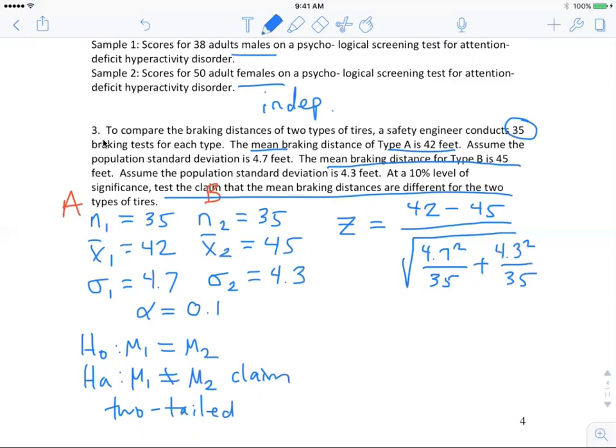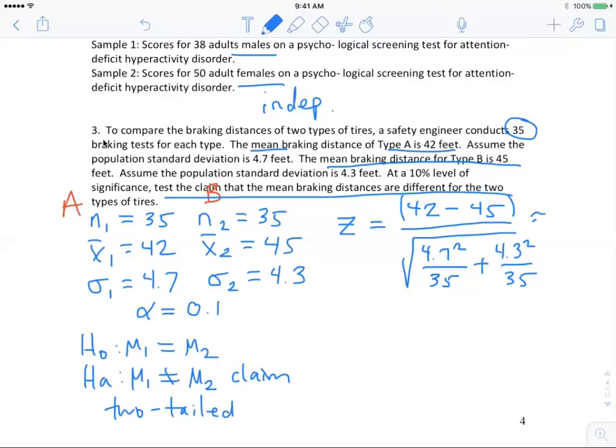When you're plugging this in, yes, there's a lot going on. You could probably do it all at once in your calculator. Again, put parentheses around that numerator to make sure the order of operations works, and then try it out, just make sure we're getting the same answer so that you're putting it into your calculator right. For this one, you should get about negative 2.79.